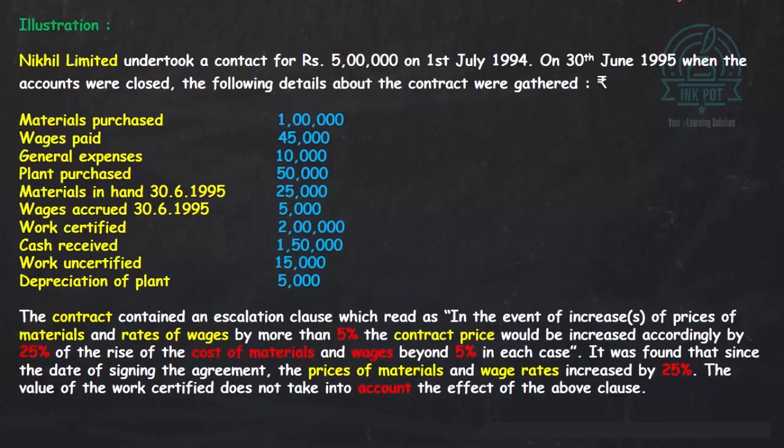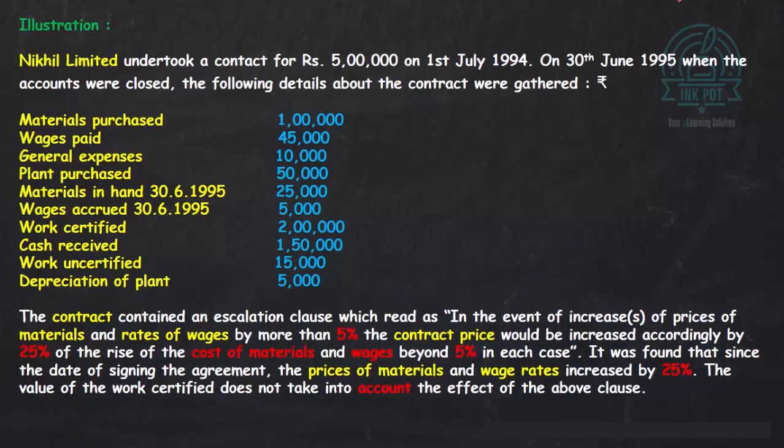So what is given here? In the event of increase of prices of material and rates of wages by more than 5%, the contract price would be suitably increased accordingly. So we are given that in case the price of material or wages increases by more than 5%, if it is increasing till 5%, we are okay with it. But if it increases more than 5%, the contract price will also be increased, right?